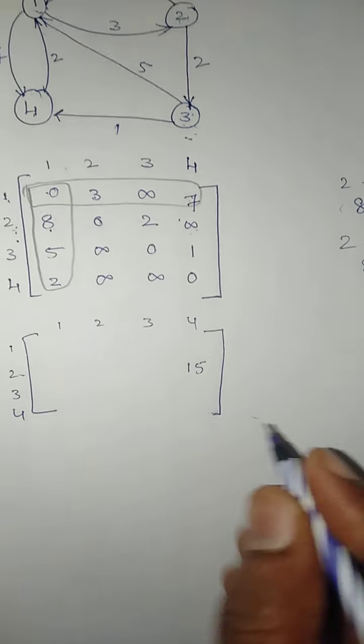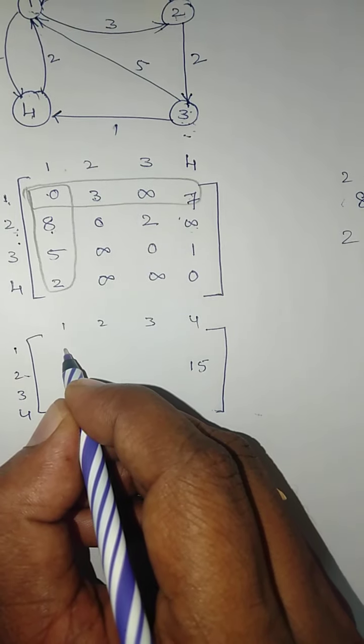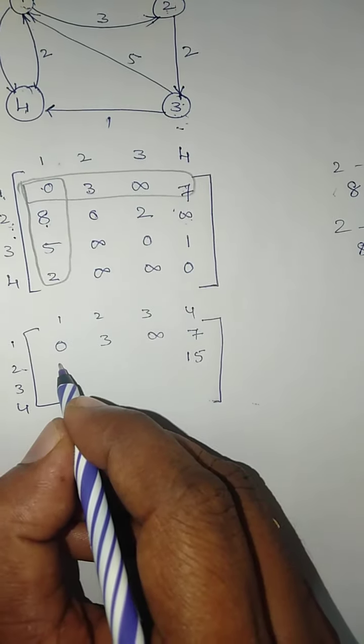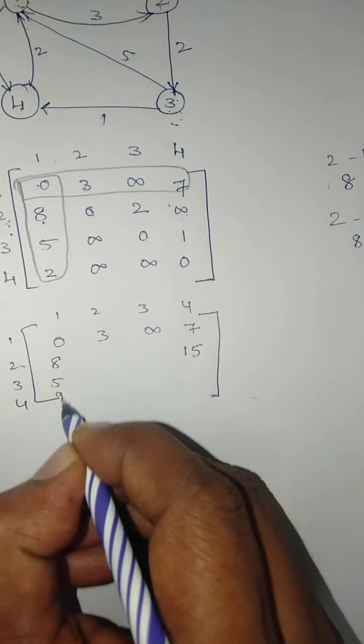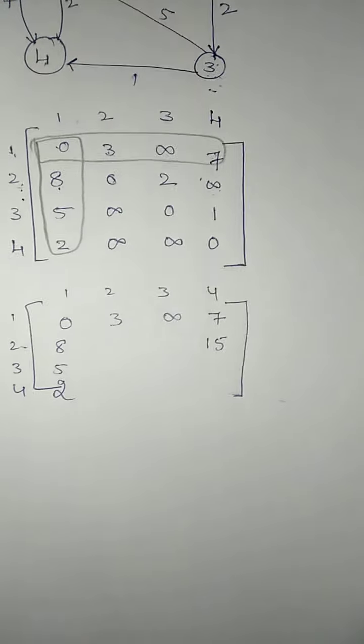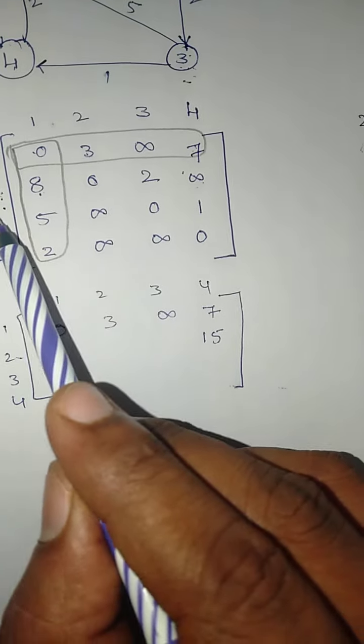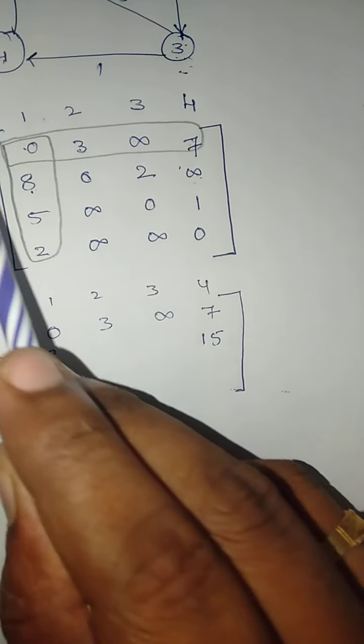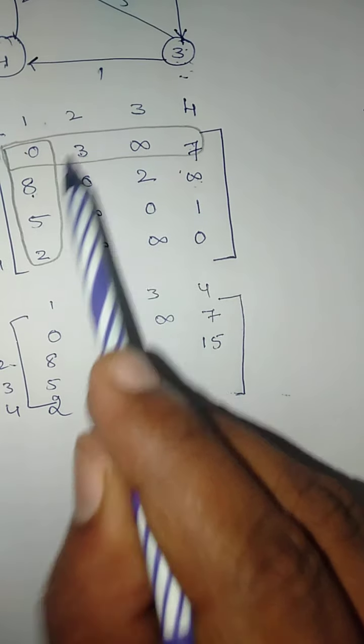So the first row, first column remain as they are: 0, 3, infinity, 7. Next it is 8, 5, 2 here. Coming to 3 to 1 is 5, then 1 to 2 is 3.